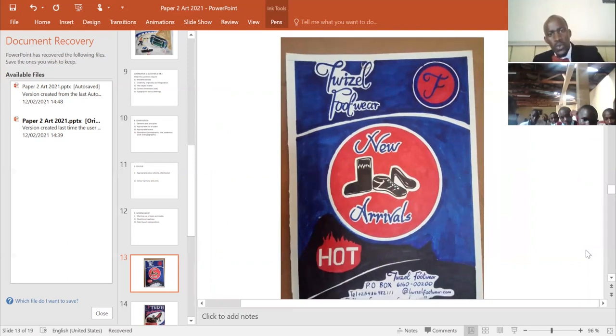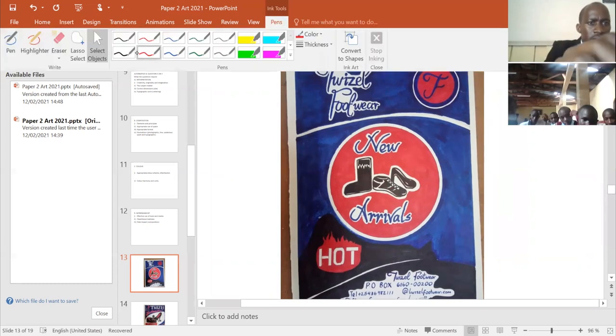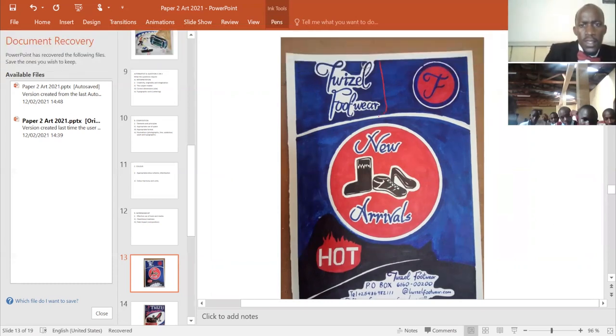We have the title of the poster at the top left. Then there is the creation of a logo. The candidate created a logo for that particular company or that particular shop.